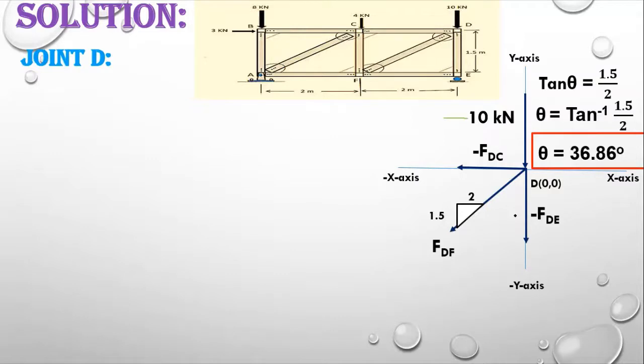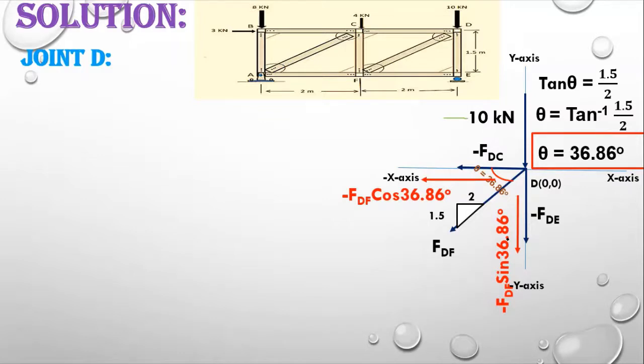When you have calculated theta, you put the value of theta as 36.86 degree, and we have to resolve FDF into its components. So minus FDF sine 36.86 degree, and then the horizontal component minus FDF cos 36.86 degree.